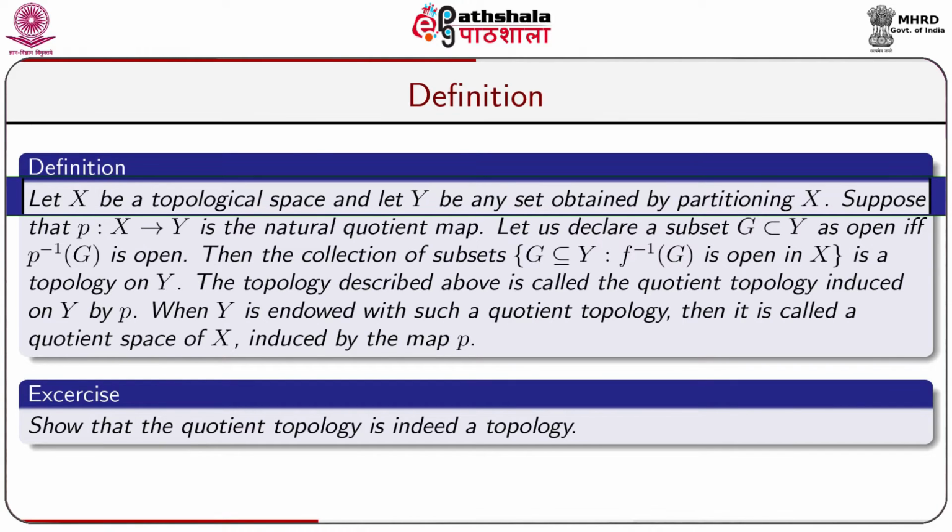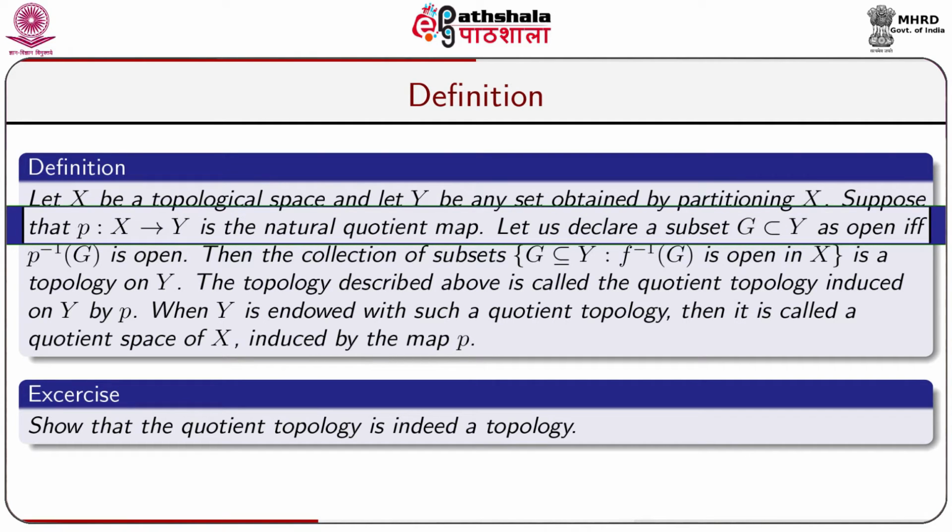Let X be a topological space and let capital Y be any set obtained by partitioning capital X. Suppose P from capital X to Y is the natural quotient map. Let us declare a subset G of Y as open if and only if P inverse G is open.